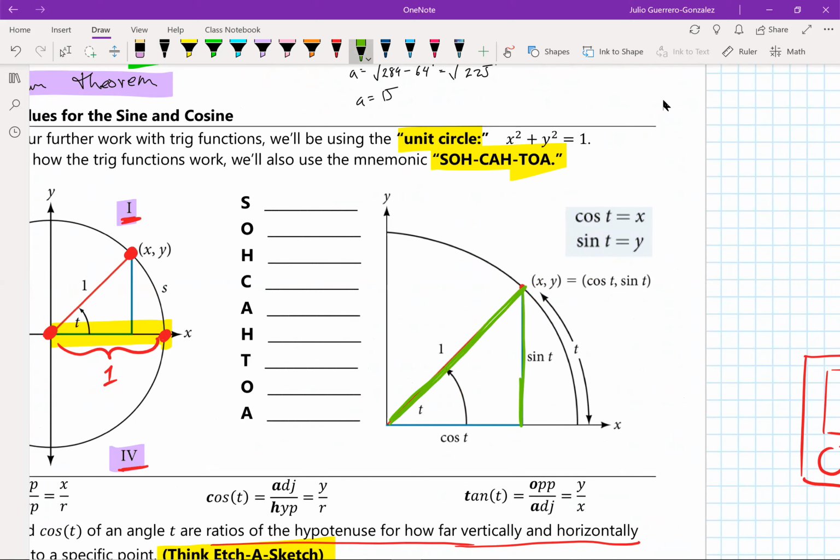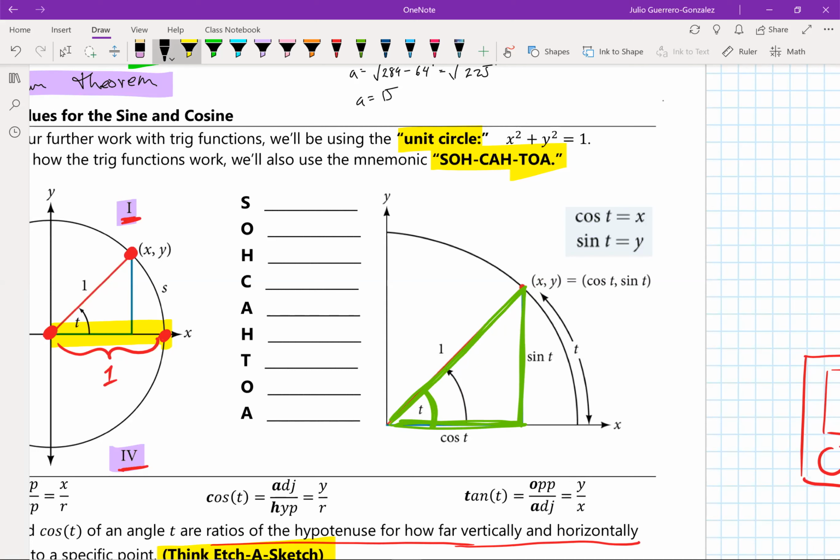This one right here, with some angle t. That automatically tells us how to find the values of sine and cosine if we are given a triangle of some sort.